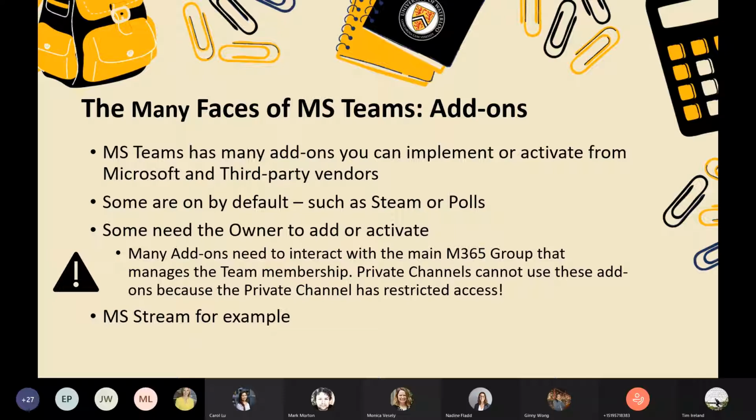A number of those apps are not enabled for being added, so you will have to put in a request, there's an IST form for that, to have that add-on enabled and made available. The basic ones that we're aware of have been enabled, and most Microsoft ones, such as Microsoft Stream, are available. Again, a lot of the Microsoft ones in particular are dependent upon the Microsoft 365 group, which means sometimes in private channels, the add-ons will simply not be available. It'll tell you, I can't add this.